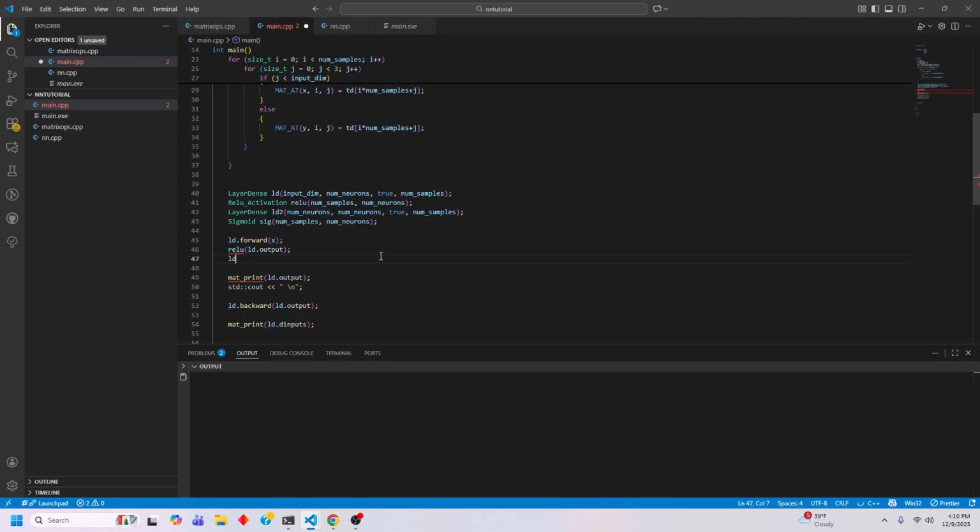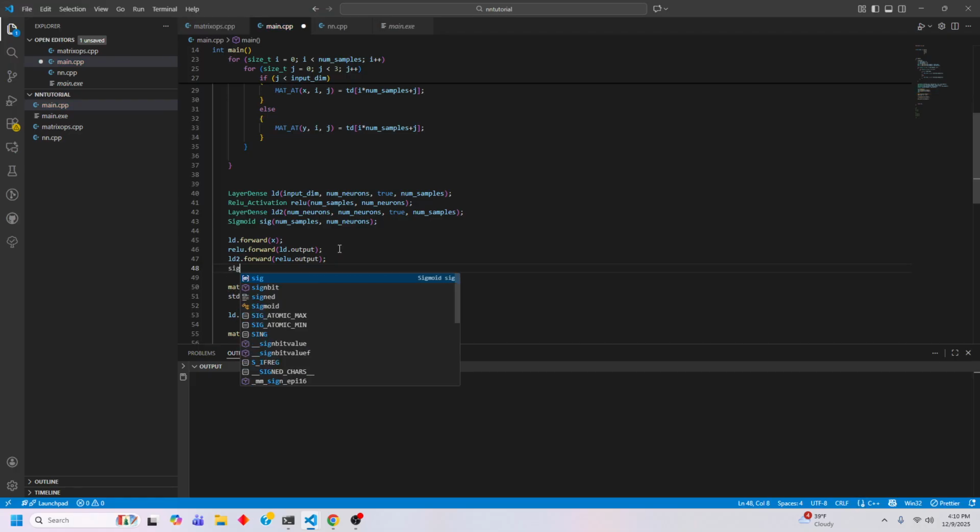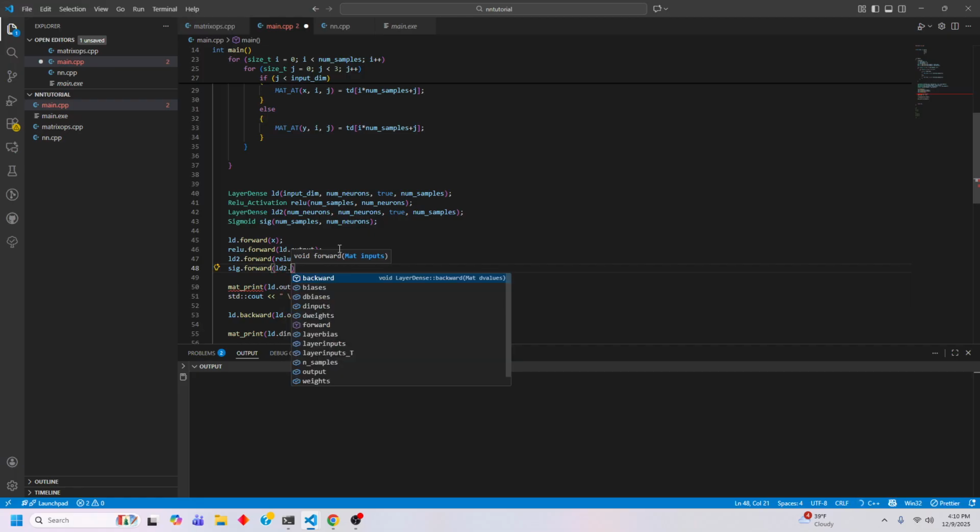Do the second layer's forward, which takes in the output of the ReLU function, and then the sigmoid will take the output of the second layer. So that's the whole forward pass.